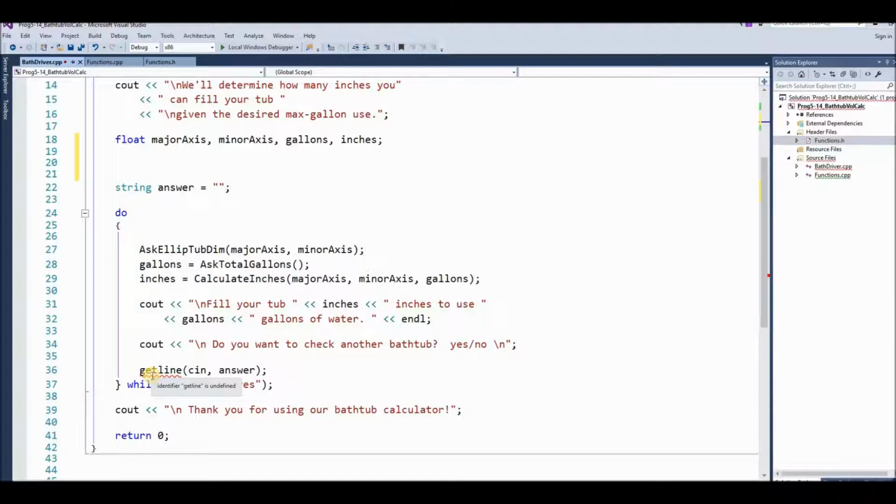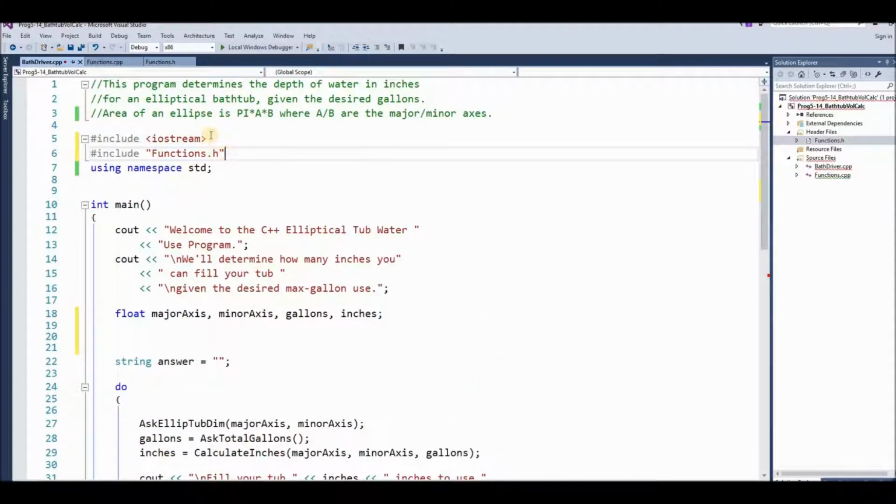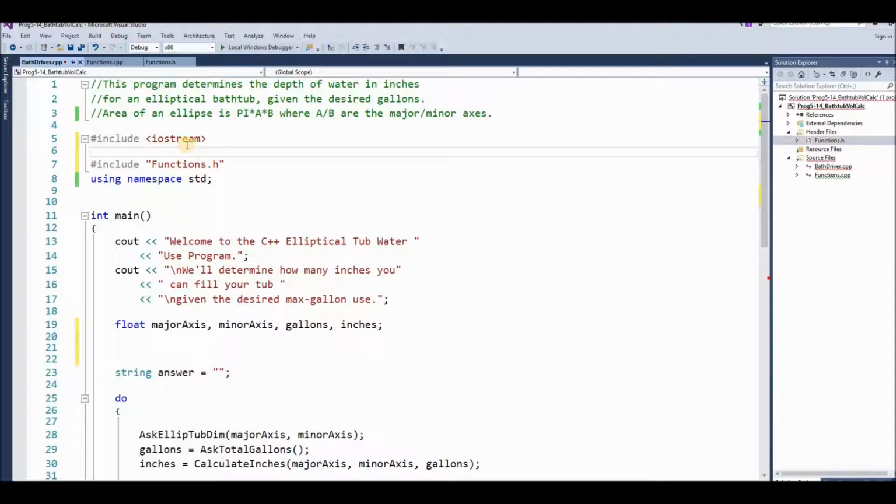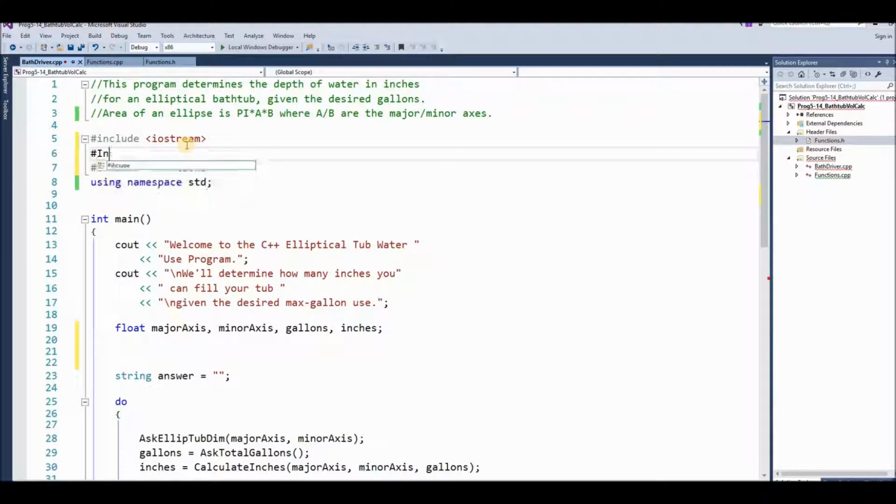Well, it is undefined because answer is a string, and I did not include pound include string. So string is not properly defined, even though it recognizes what it is, and so therefore getline is undefined.